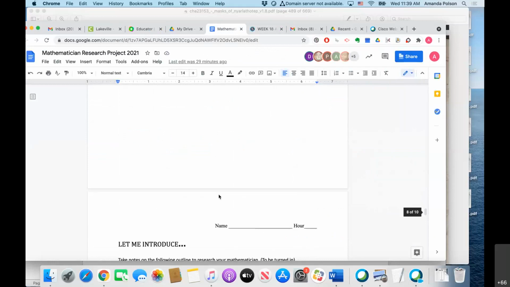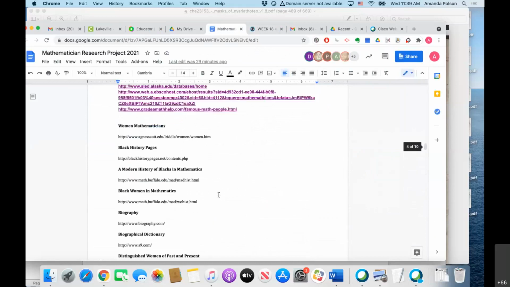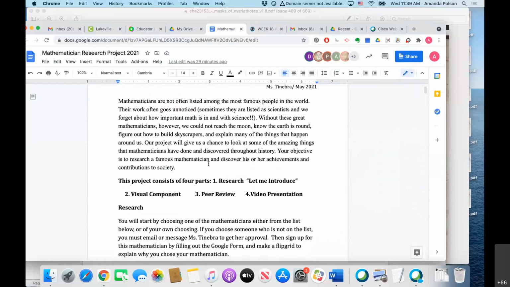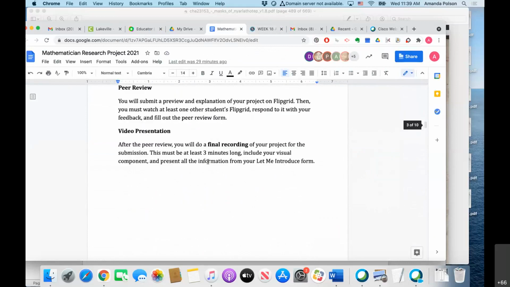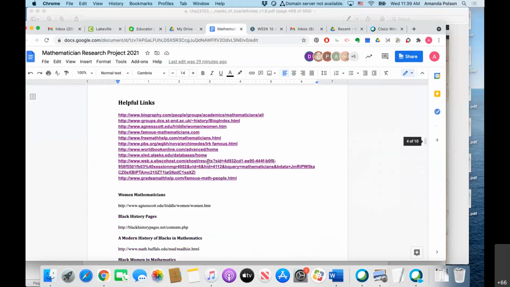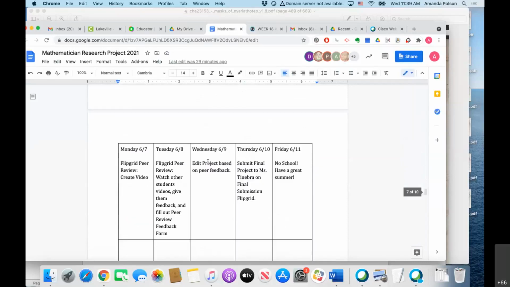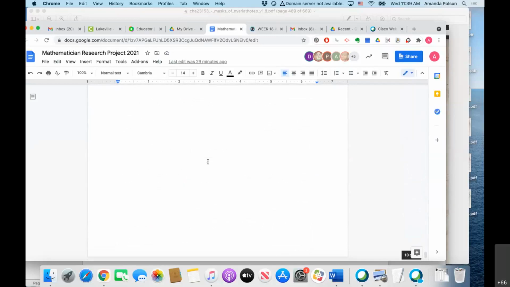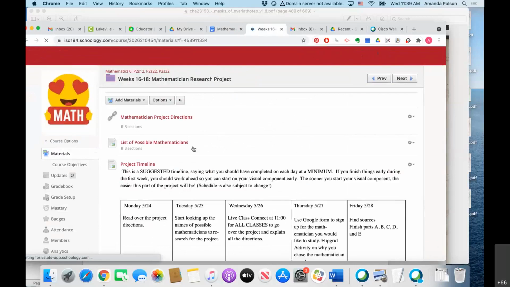So yeah, there's a lot of stuff, but all of this stuff is in the Mathematician Research Project document. So even though everything we just went over is right here in this document, it's all right here in this one document. You just got to scroll down a lot. And then it's also in this place right here. So the two things that you want to keep a really good eye on.